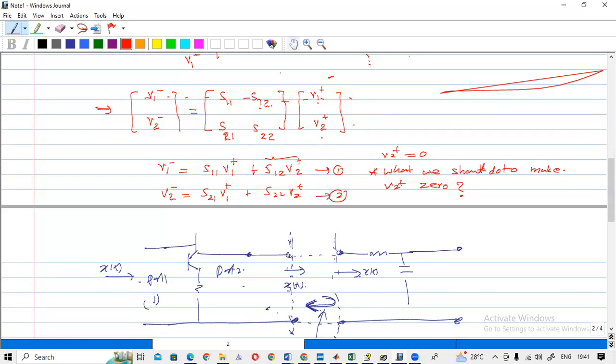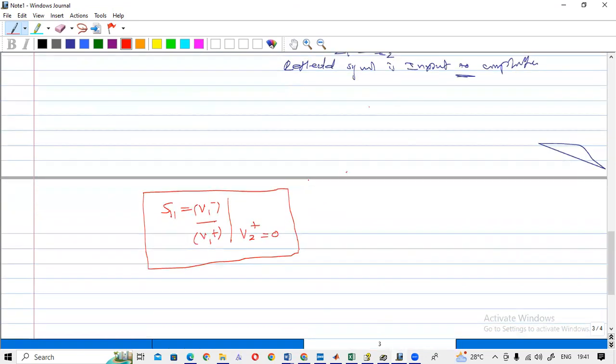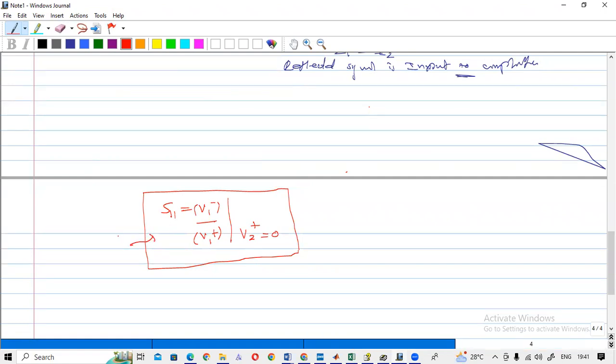When V2 is 0, this one is 0. S11 is equal to V1 minus divided by V1 plus, when V2 plus is equal to 0. So this is how we are going to estimate the S11 parameter.